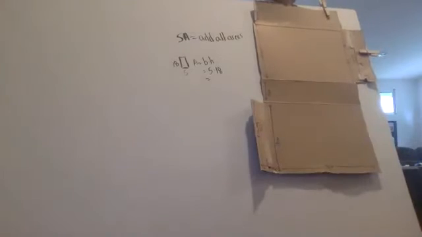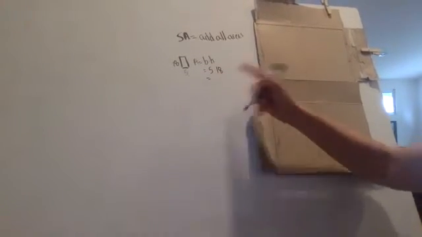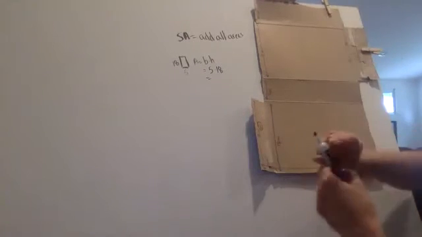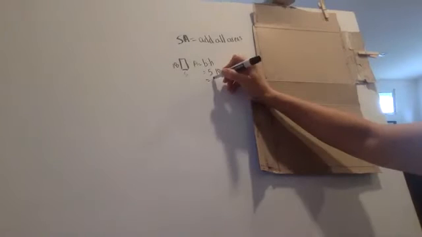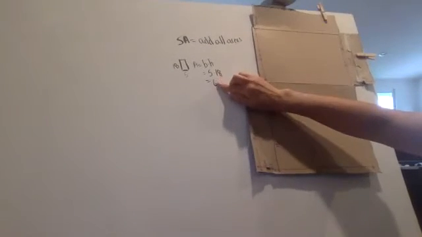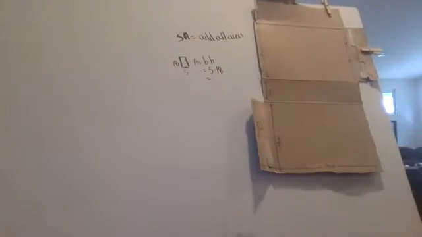5 times 18, I could do 5 times 10 is 50, and then 3 more. 50 and 15 is 65. That seem right? No, it doesn't seem right. So what did I do? Because 10 plus 3 more is only 13. Okay, so 180.